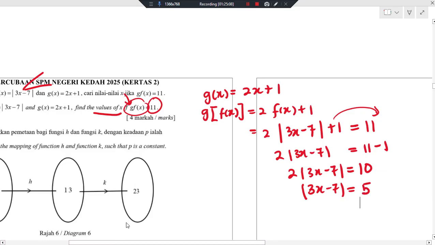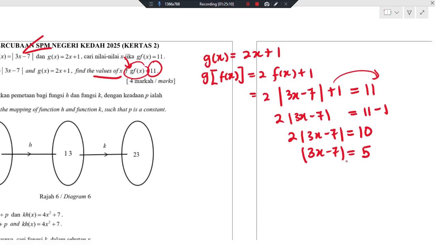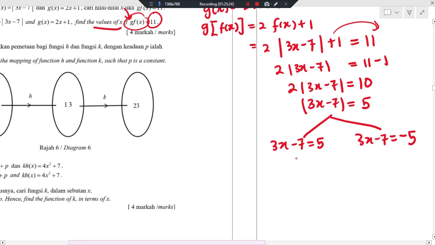So your x here is 5 plus 7 divided by 2. Your x here is negative 5 plus 7 divided by 2. So x equals here 5 plus 7 is 12. Divide by 2, 6. 7 minus 5 is 2. 2 divided by 2, 1. So x equals 1 or x equals 6. So this is your final answer.